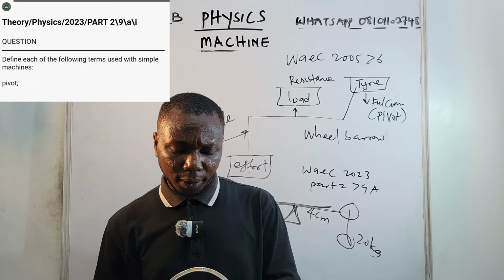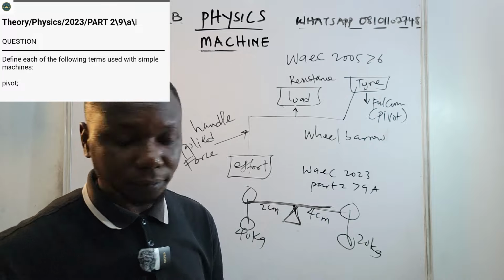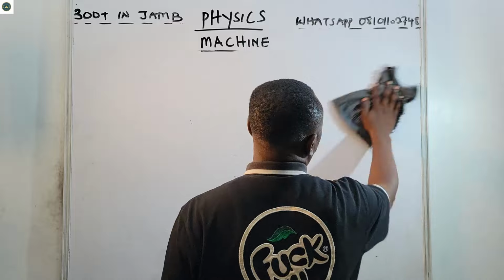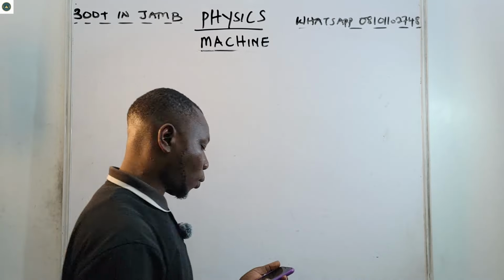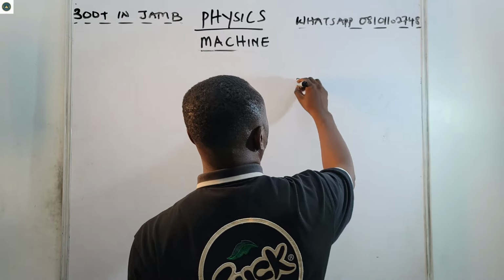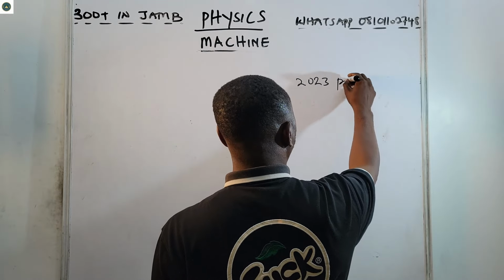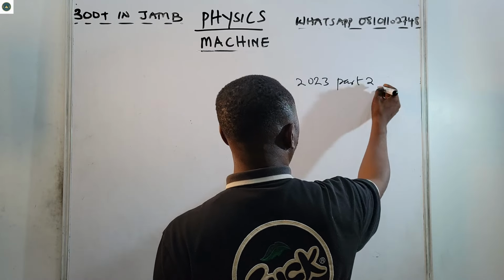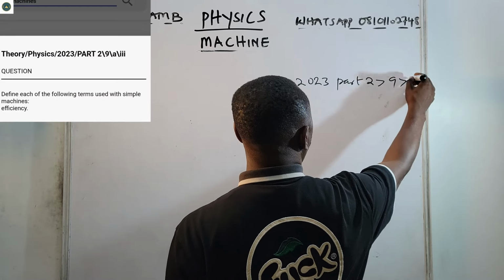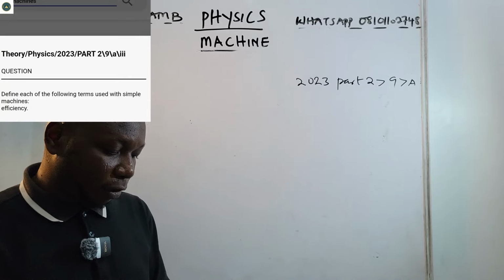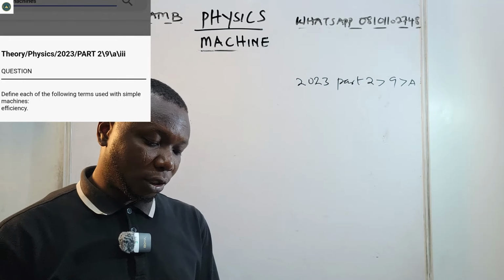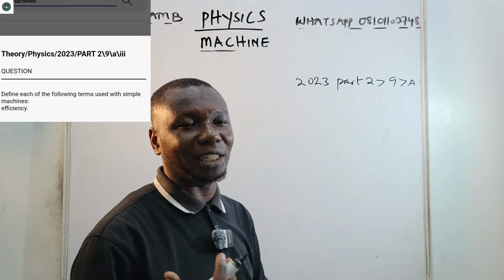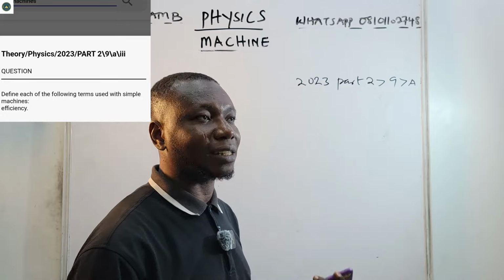Now another one. 2023, part 2, question 9A. It says define each of the following terms used in machine: efficiency. We know that efficiency is how effectively a machine can carry out its tasks.